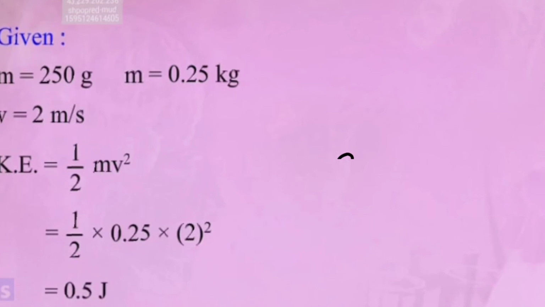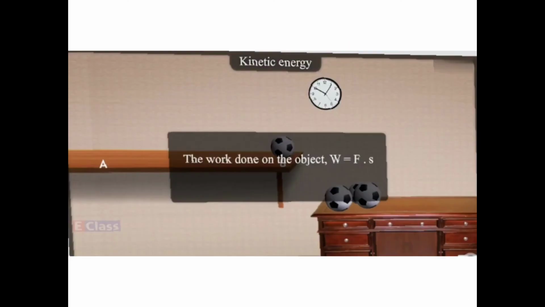Now here 2 ones are 2, 2 twos are 4. 25 into 2 is 50. 50 upon 100 is 0.5. Got it? So this is how we are going to do it.